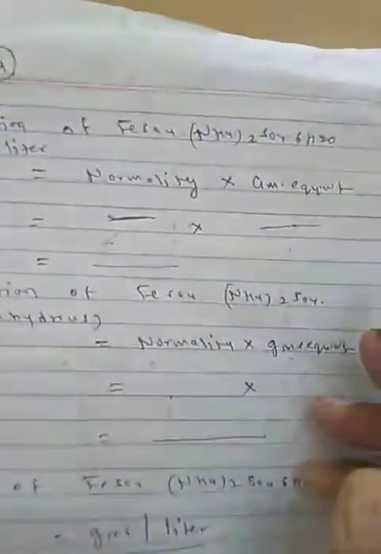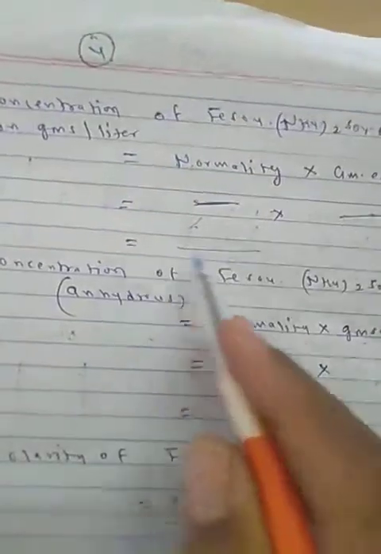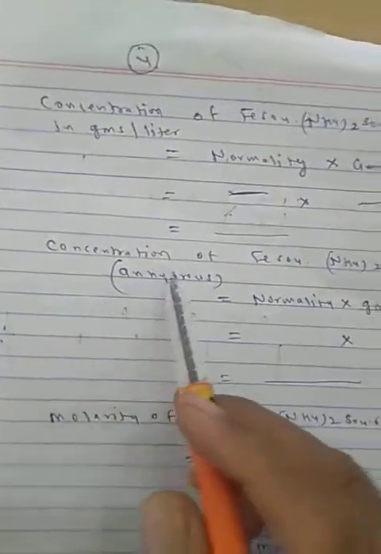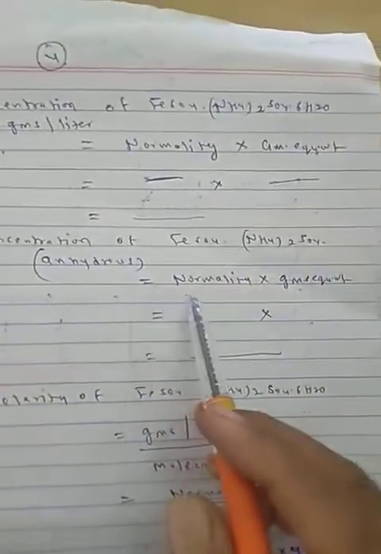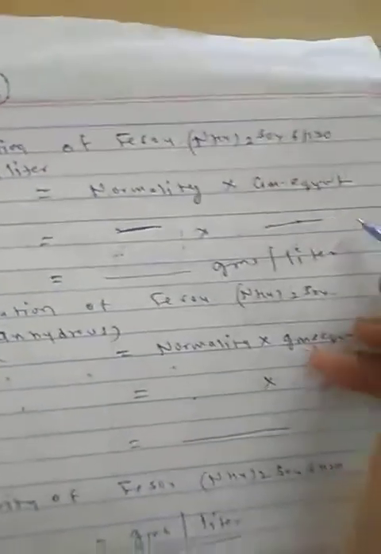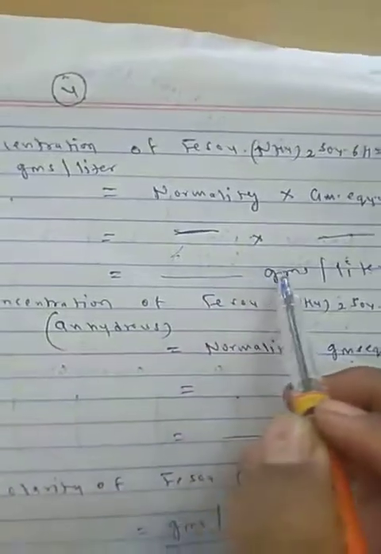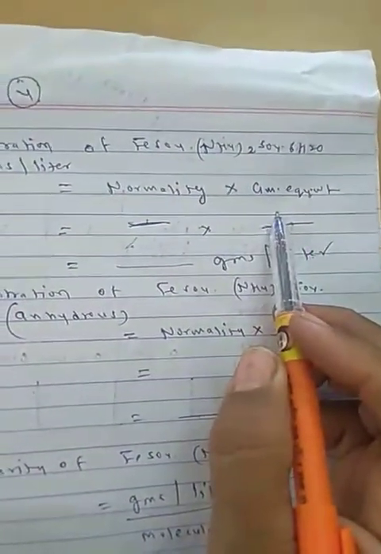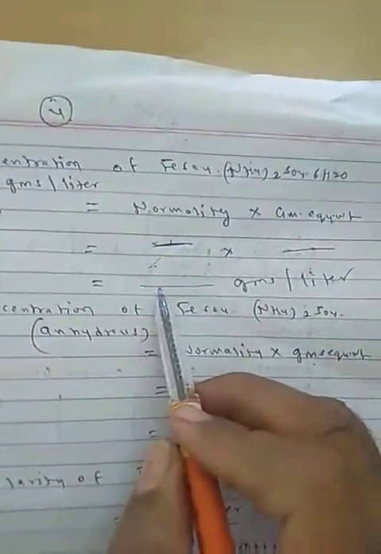So keep the blank spaces. And you write the concentration of ferrous ammonium sulfate is equal to normality into equivalent weight, in grams per liter. I am writing whatever it is coming.